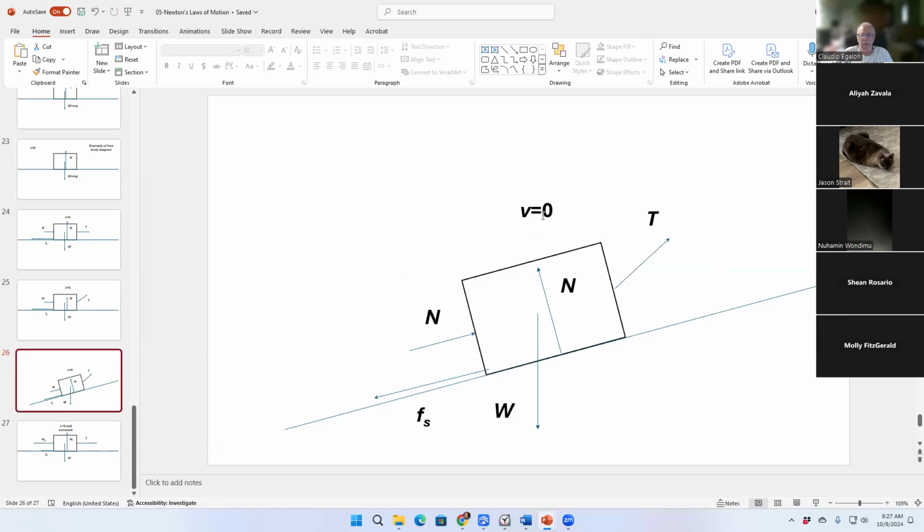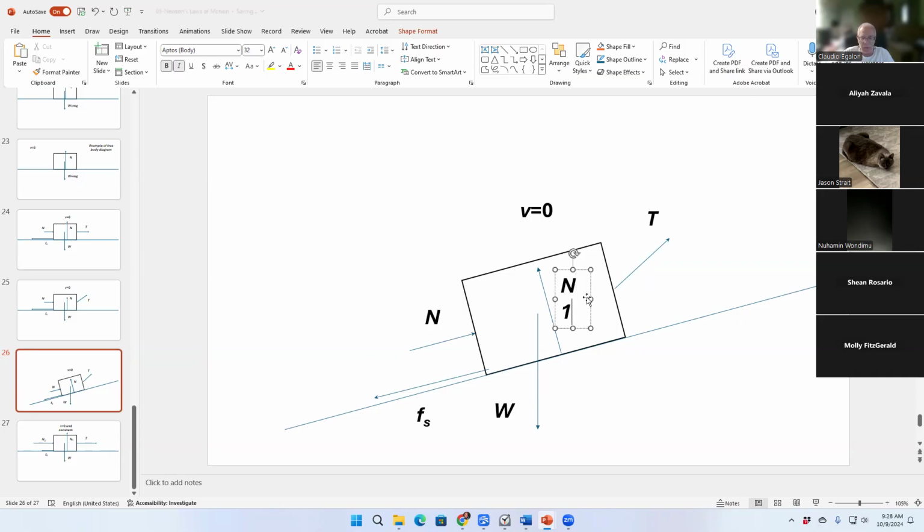We have this object that is initially at rest on this inclined plane. We have a normal, we have a weight, and we have another normal here. That's very cool. 1, 2, 3, 4, 5 forces, right?